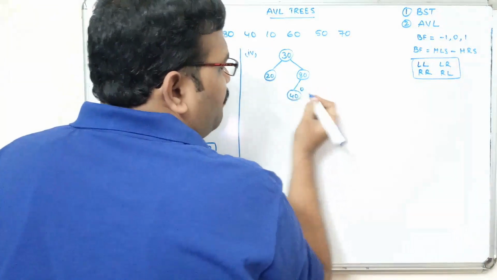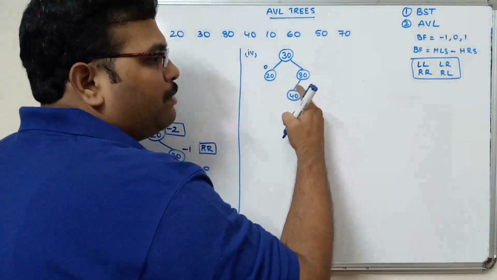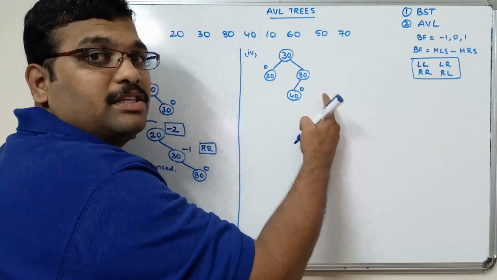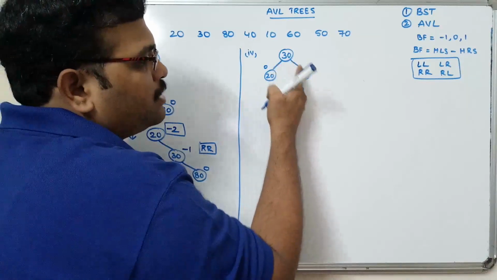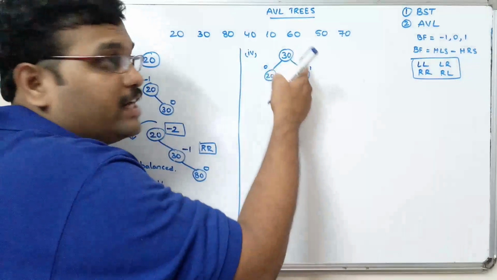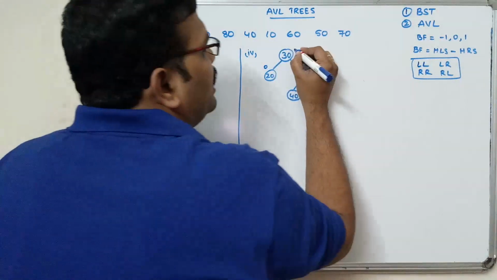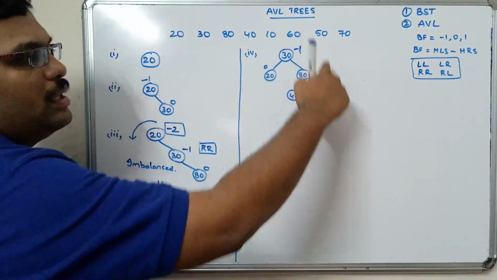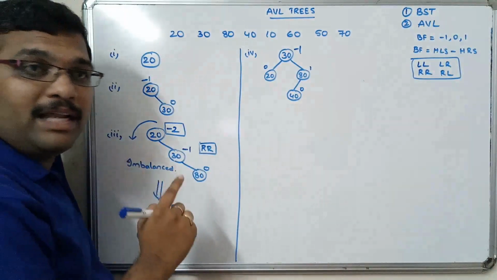The balancing factor for the leaf nodes is 0, and for this node 1 minus 0, which is 1. For this one it is 1 minus 2, because the height of the right subtree of 30 is 2 and the height of the left subtree is 1. So 1 minus 2 is minus 1. All the balancing factors are within the range -1, 0 and 1. So it is balanced.